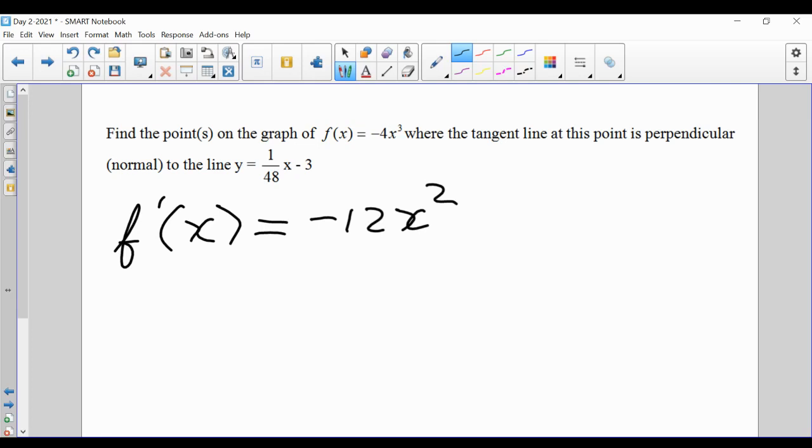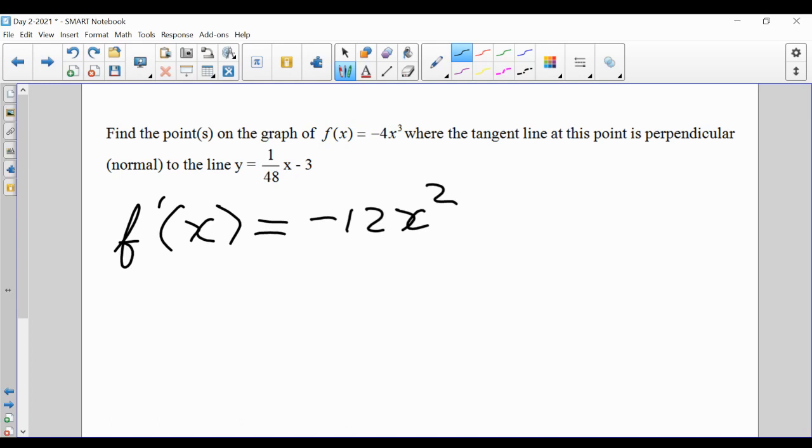Okay, so that's good. So are we more comfortable with finding these derivatives at this point? Everybody okay with that derivative? That makes sense? Okay, good. Now, the tangent line at this point is perpendicular to the normal to the line. So we need to figure out something to do with this y equals 1 over 48x minus 3.